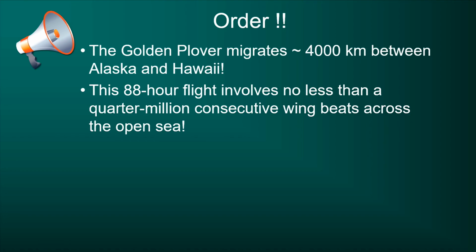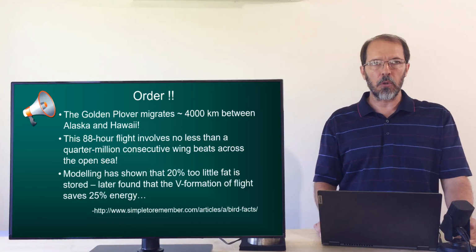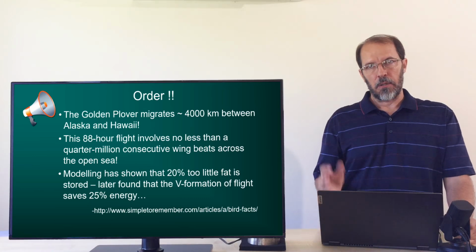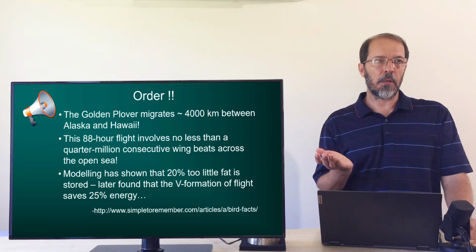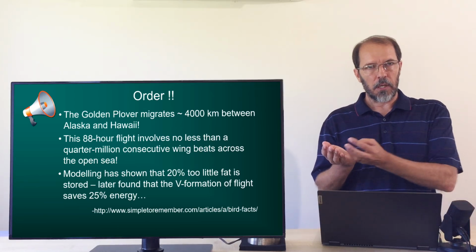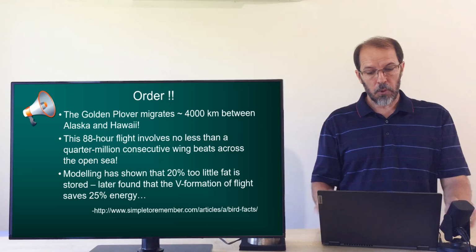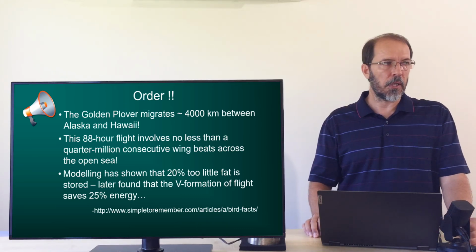250,000 wing beats, roughly. And when scientists tried to model the energy balances, meaning see how much food the birds eat, weigh them, estimate the amount of fat, and see can they travel that long distance with the amount of fat stored, they were concerned because their model had a 20% error in those calculations.